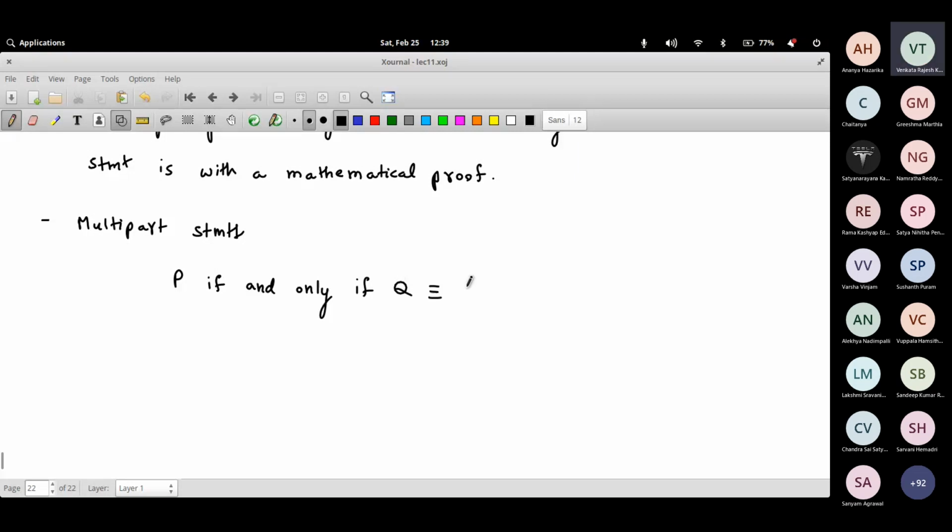This is nothing but P bi-implies Q, also written as P iff Q, right? So this is a multi-part statement because it has two parts, like the if part, right? And the only if part.